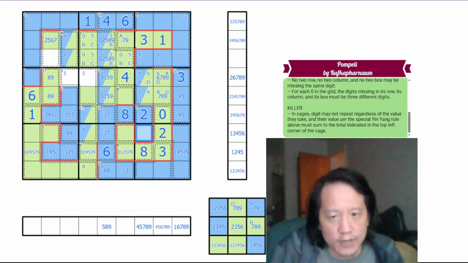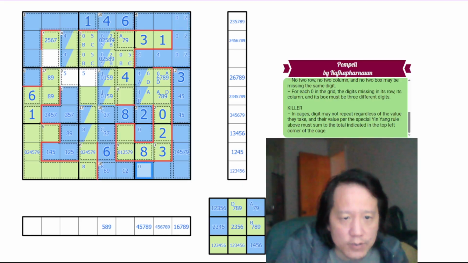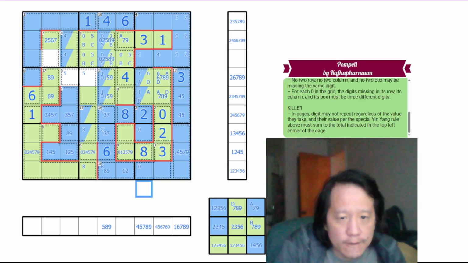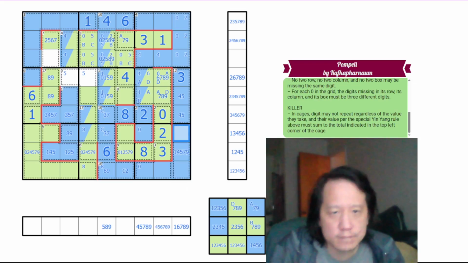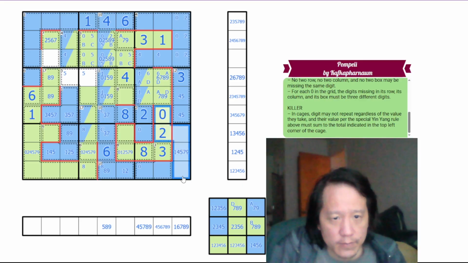Which means we have to have a 0 either here or here. 0 could be here, or 0 could be any of these, or 0 could be there.